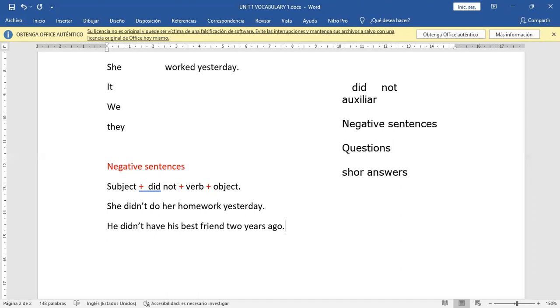How do you say "ellos no trabajaron ayer"? They didn't work yesterday. The verb in the base form. Verb in the base form. He didn't work yesterday.